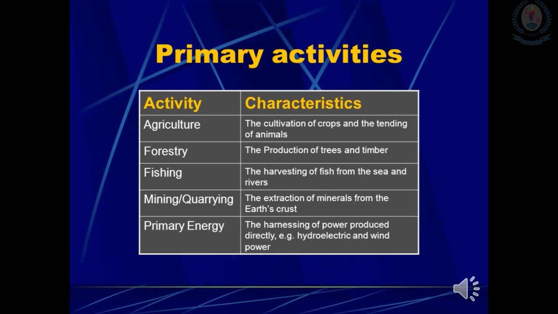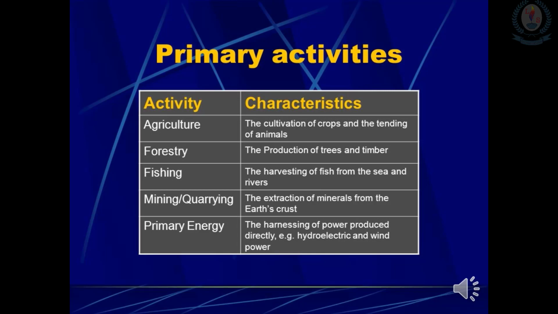The cultivation of crops and tending of animals. And characteristics of forestry, the production of trees and timber. Characteristics of fishing, the harvesting of fish from the sea or rivers.